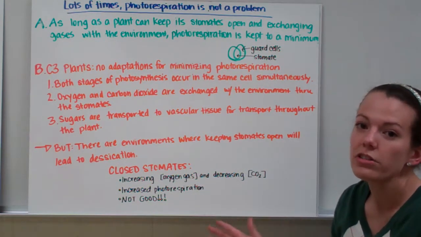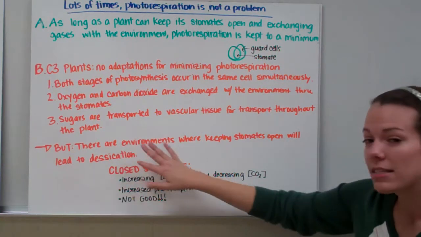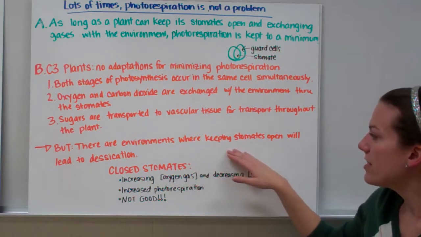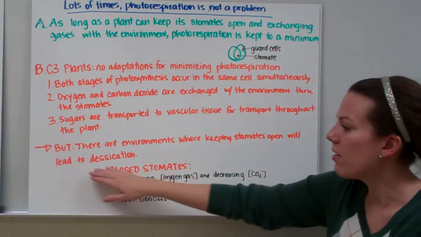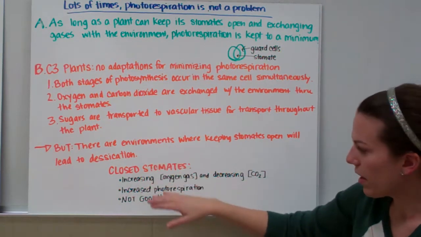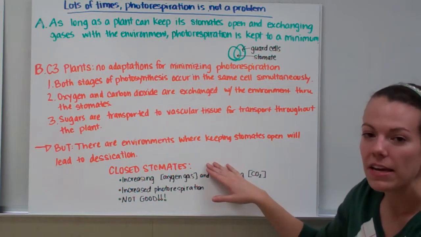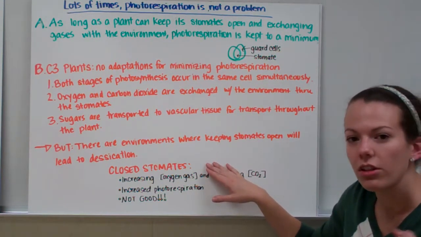C3 plants have no special adaptations to prevent photorespiration. But sometimes there are environments where it's dangerous or harmful to keep stomates open. It will lead to drying out, or desiccation. Desiccation is just the fancy word for drying out. So living in a dry environment leads to desiccation unless you actually close your stomates.